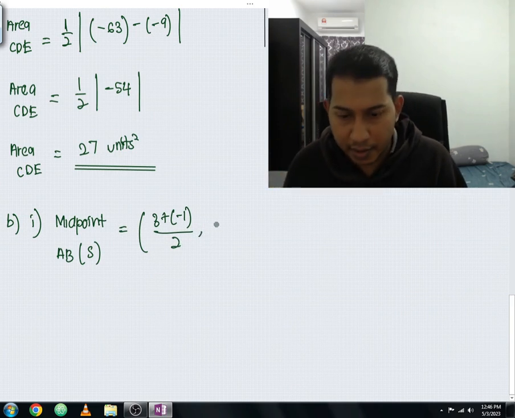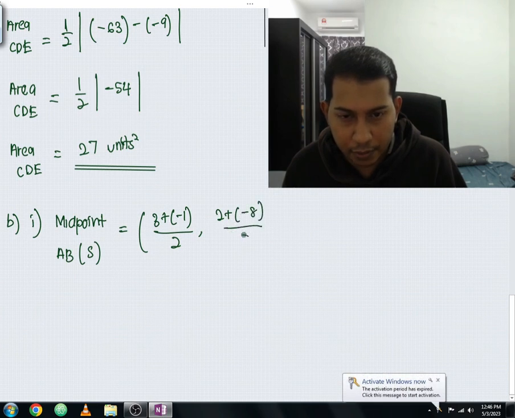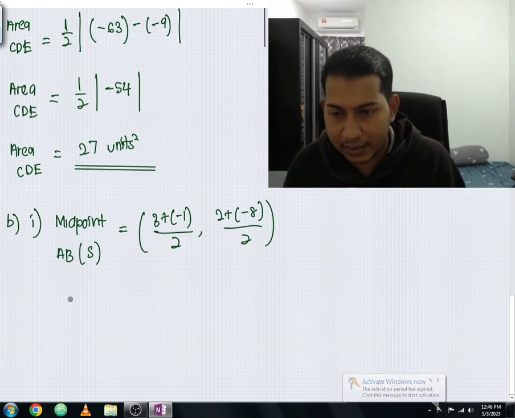That's for the x coordinate. Move on to the y coordinate: 2 plus with negative 8, divide with 2. Close coordinate. So from here we're going to write it as S.